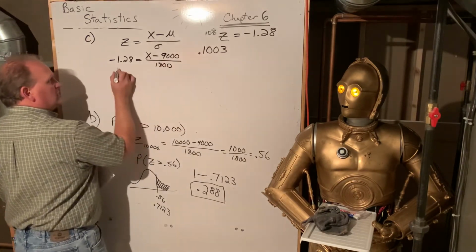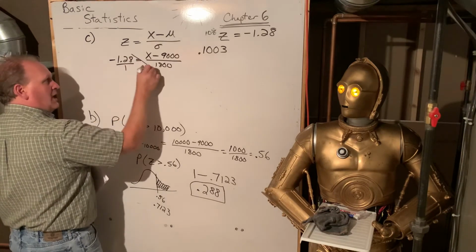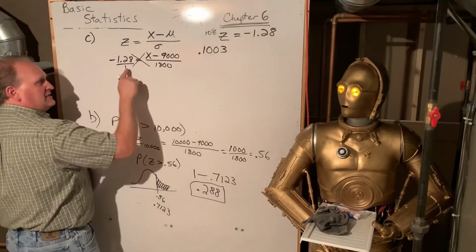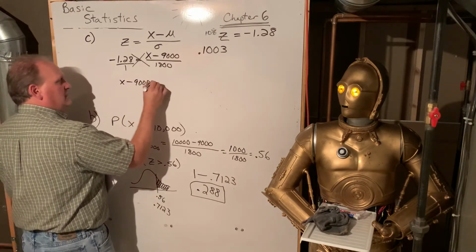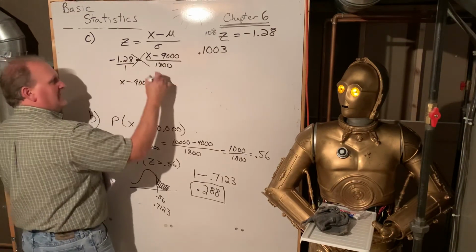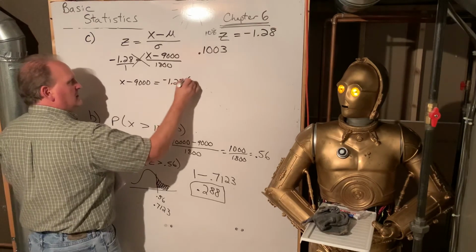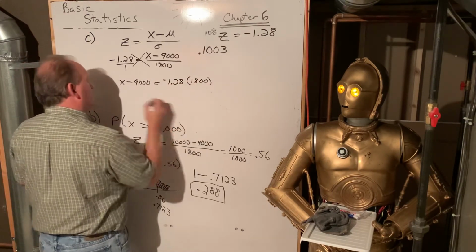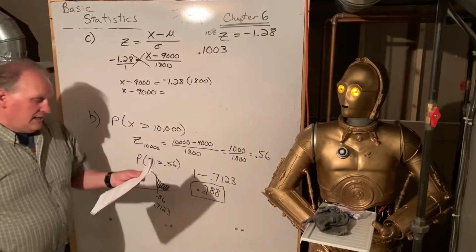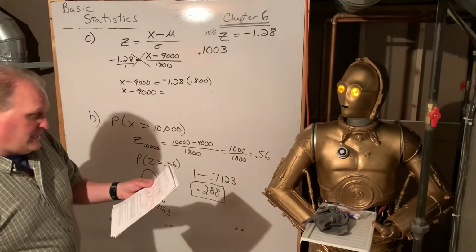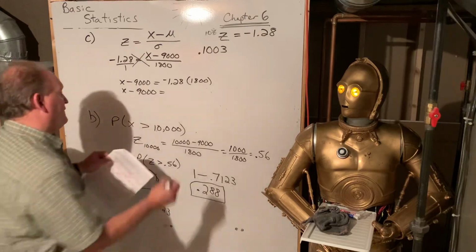And now we use our sweet algebra skills, cross multiply, and solve. So that means take 1 times that, x minus 9,000, and negative 1.28 times 1,800. So that's where your calculator comes in handy. That should be negative 2304.